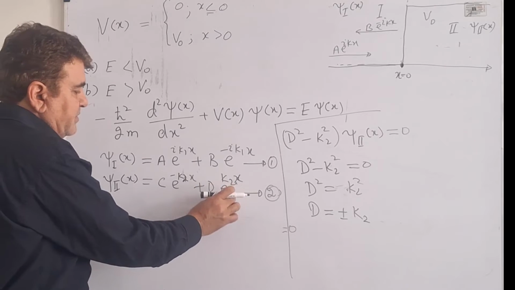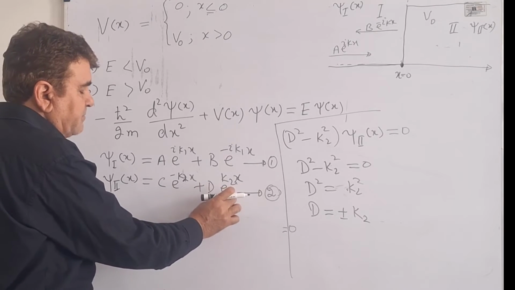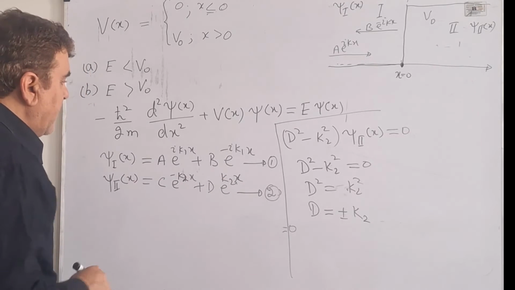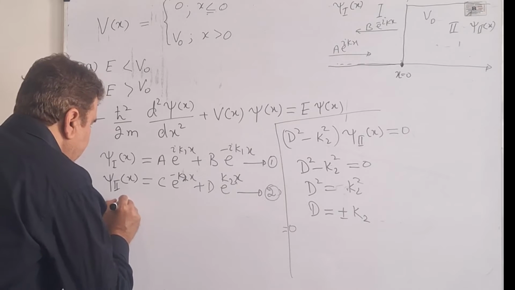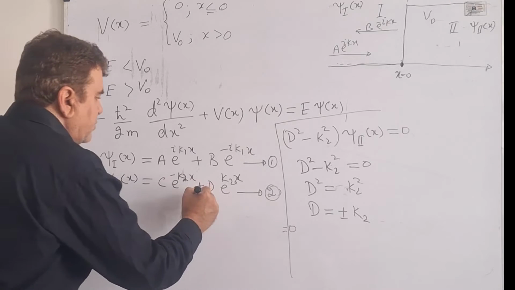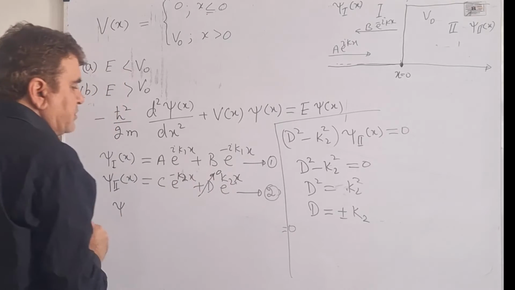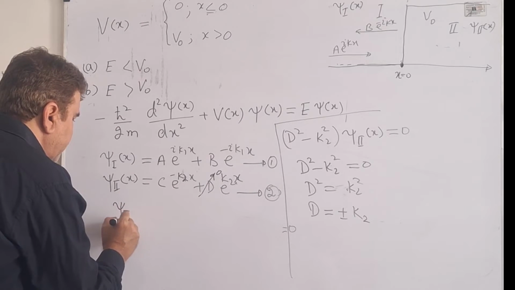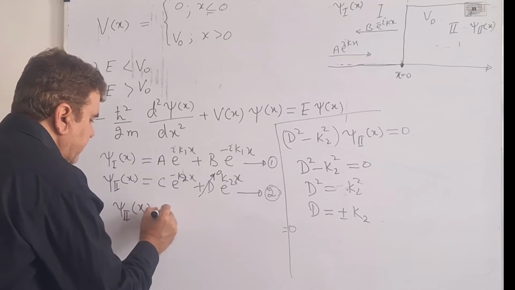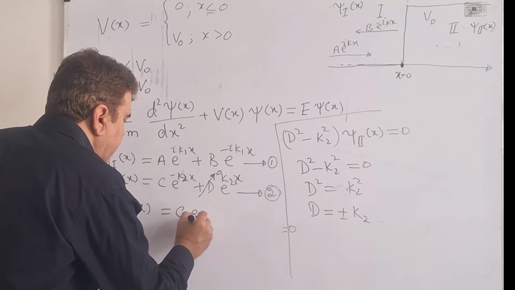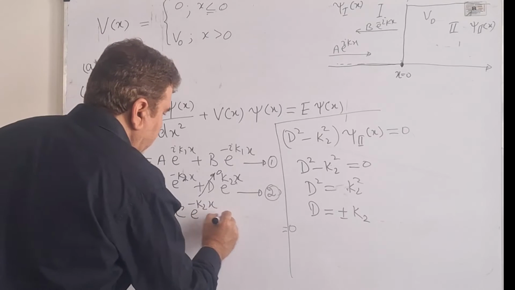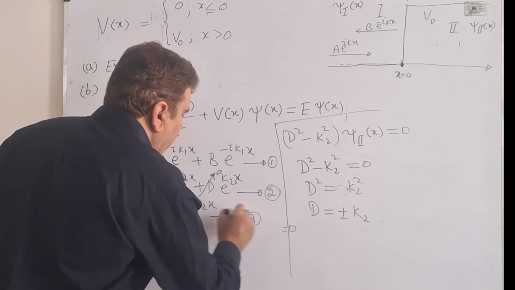The probability amplitude of this part goes to 0 in order to keep the solution physical. Therefore, the solution in the second region reduces to a single term, exponent minus K2 x, and this I call equation 3.